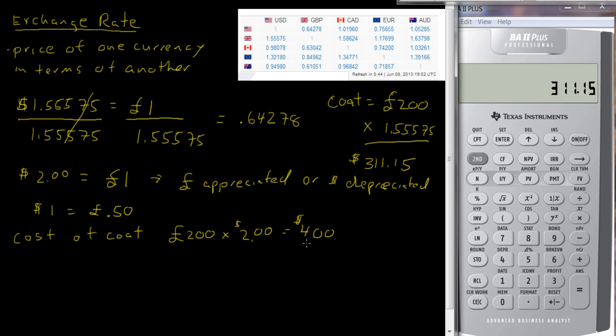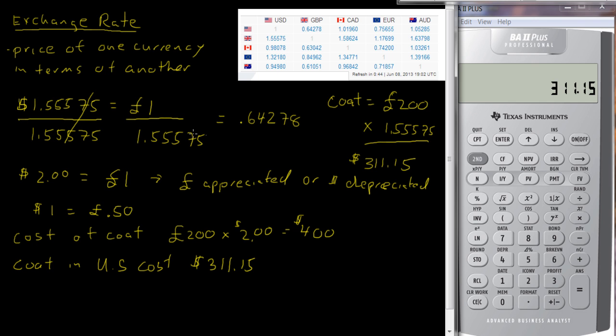Well, U.S. residents are going to import less British goods because they're going to be more expensive. On the other hand, let's say a similar coat in the U.S. costs $311.15. I'm picking this number intentionally. The cost of a coat in Great Britain is 200 pounds.